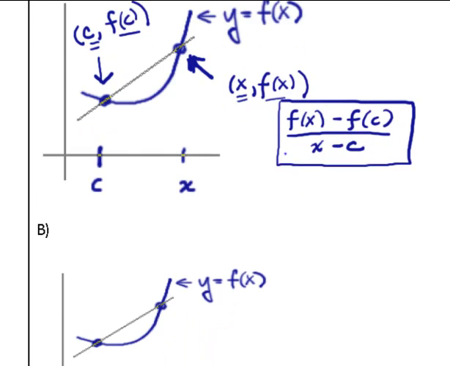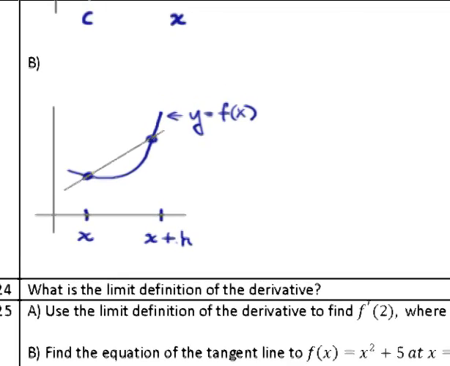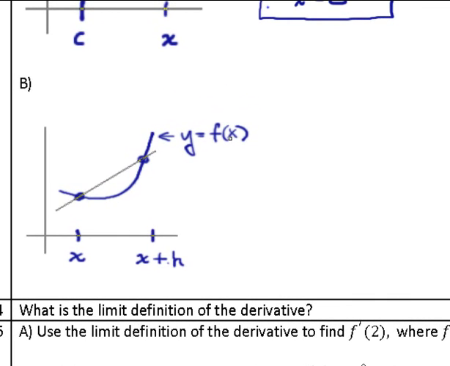And now let's look at the other picture that we have here. Okay. And here we're calling the first point x and the second point x plus h. This h is the distance between these points. That's h. Okay. All right, so what's this point? Well, this point is x plus h, f of x plus h. And this point is x comma f of x.